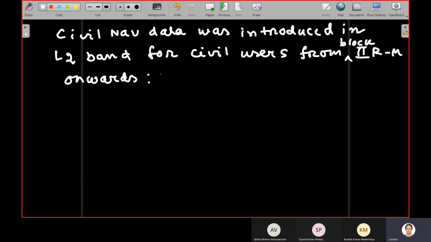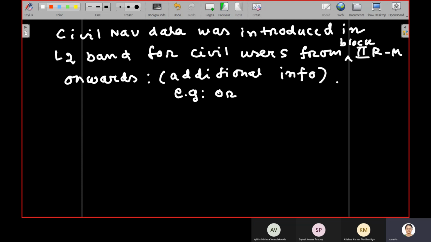Okay, so they have additional information that you do not get in legacy nav data. For example, you get additional orbital perturbation parameters.